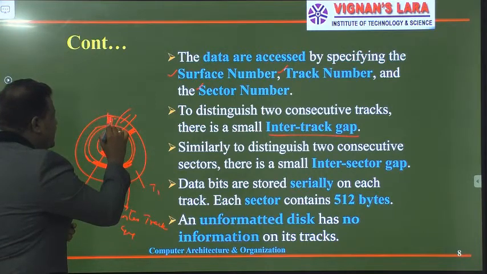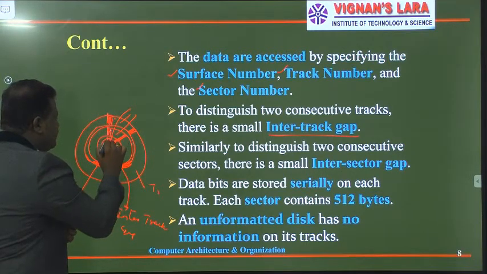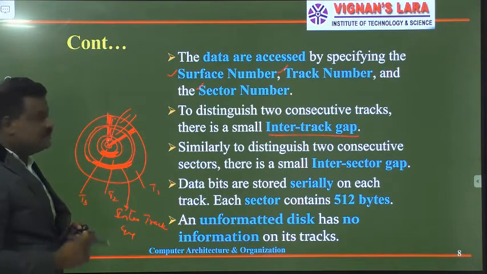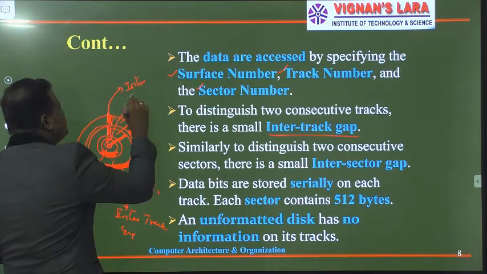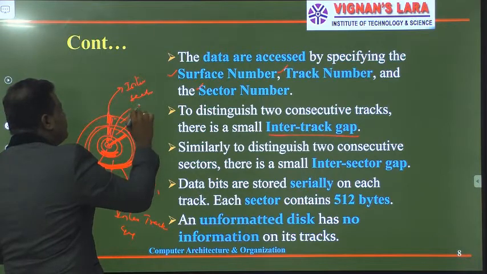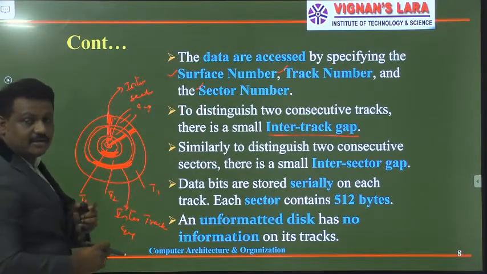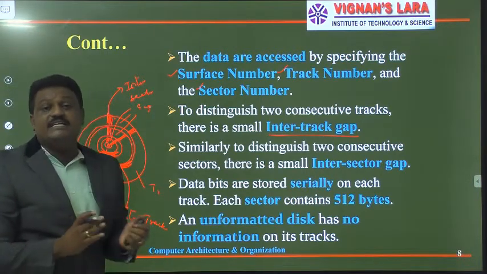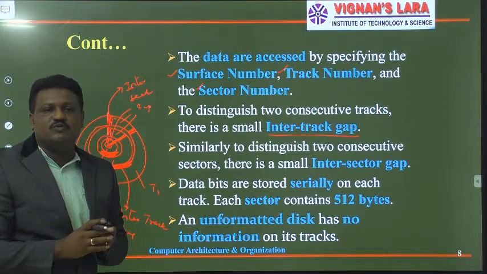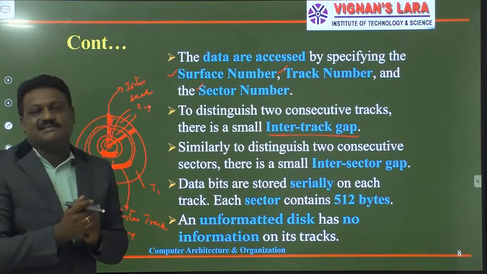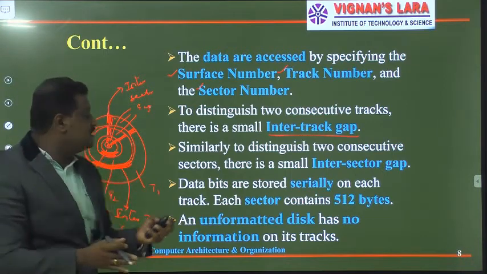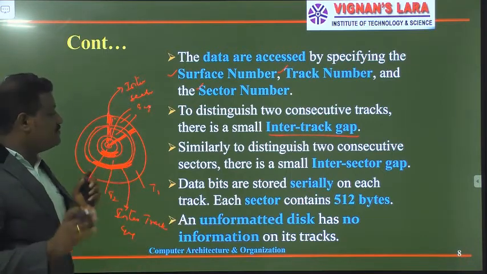Here is a gap, here is a gap, and here is a gap. This particular gap we call the intersector gap. These two, the intersector gap as well as the inter-track gap, are very helpful to us whenever some malfunctioning is going on in your disk systems. To overcome such difficulties, these gaps are very important to us.